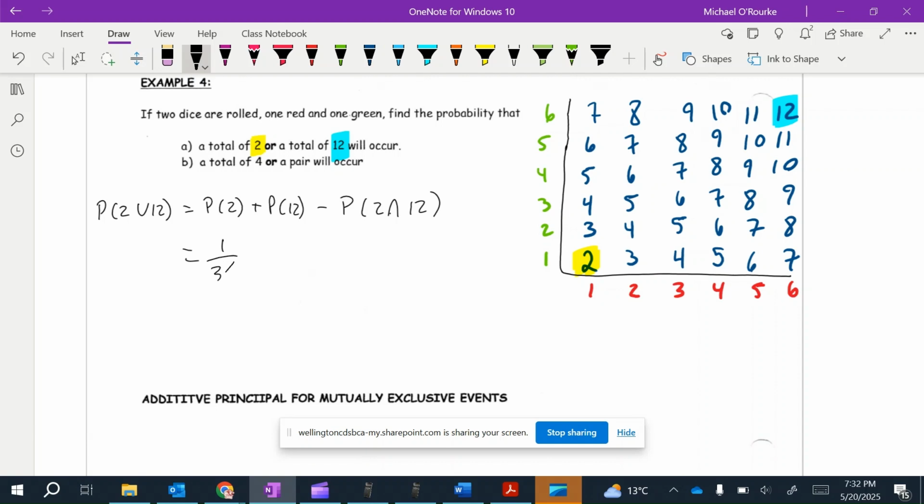So it's 1 over 36 plus the probability of getting a 12, which is 1 over 36, minus, now, is there any occurrence where I can roll a 2 and a 12 at the same time? No. So these are mutually exclusive, which is 0 over 36. So my total is 2 over 36, or there's a 1 in 18 chance I can get a 2 or a 12.